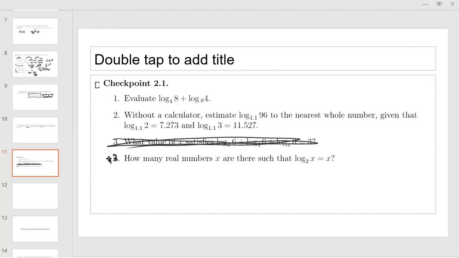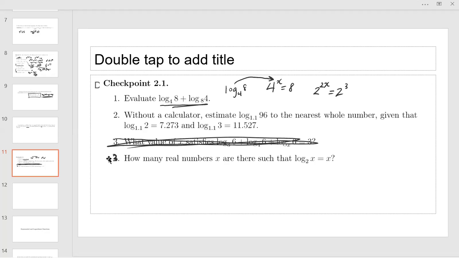So, to find this expression, first we can evaluate log 8 base 4. So basically, we want to solve that 4 to the x is equal to 8. And our x would just be this. To solve this, we can write this in terms of powers of 2.